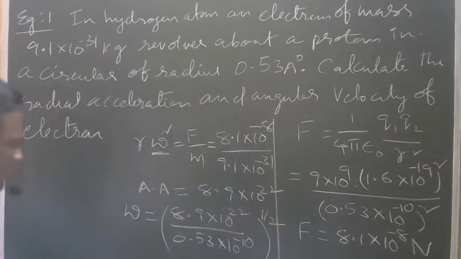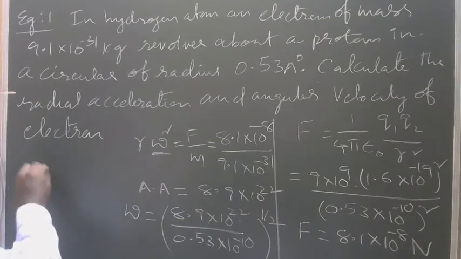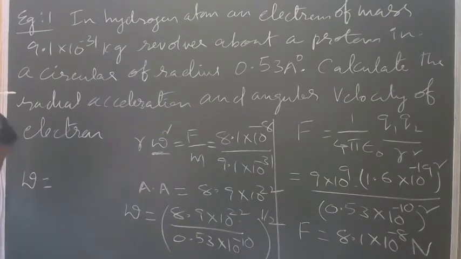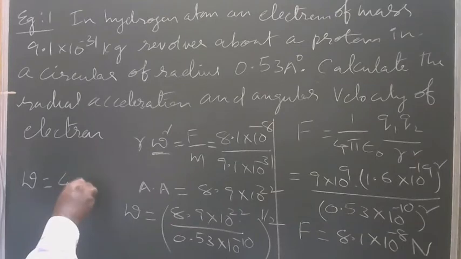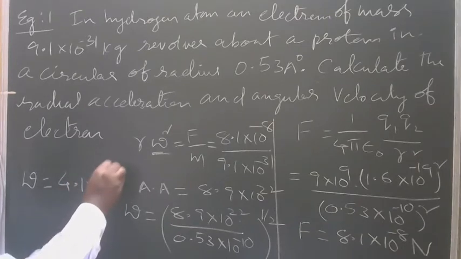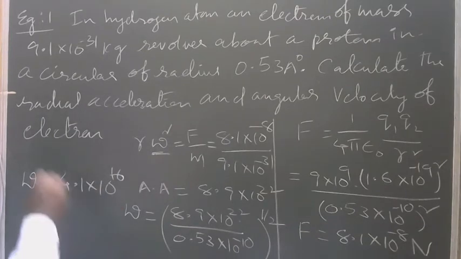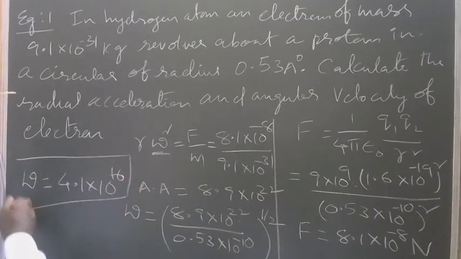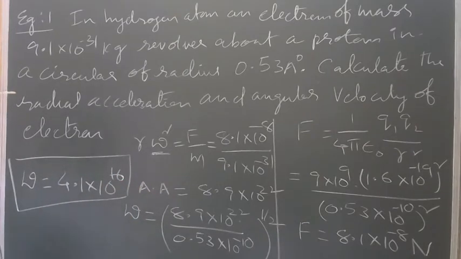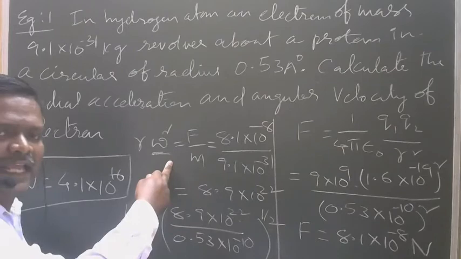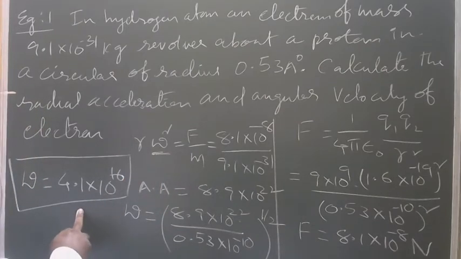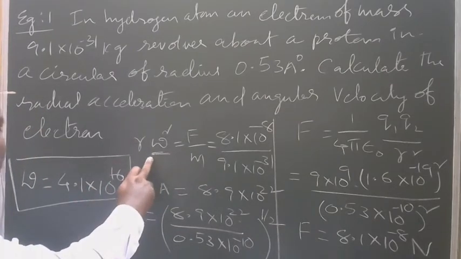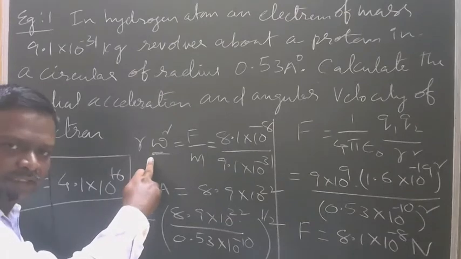If you cancel, the final value of omega is 4.1 × 10^16. This is the angular velocity and this is the acceleration value.